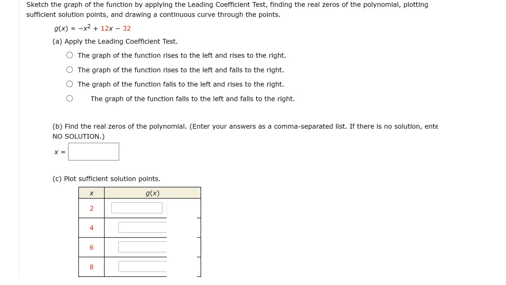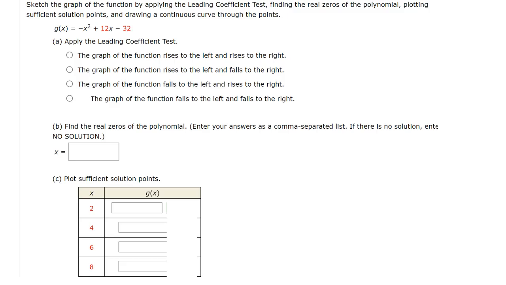On top of needing to know the leading term, I also need to know whether this function is an even function or an odd function, for me to determine the end behavior of the function. In this particular problem, the degree of this polynomial is 2. 2 is an even number, so this is an even function.